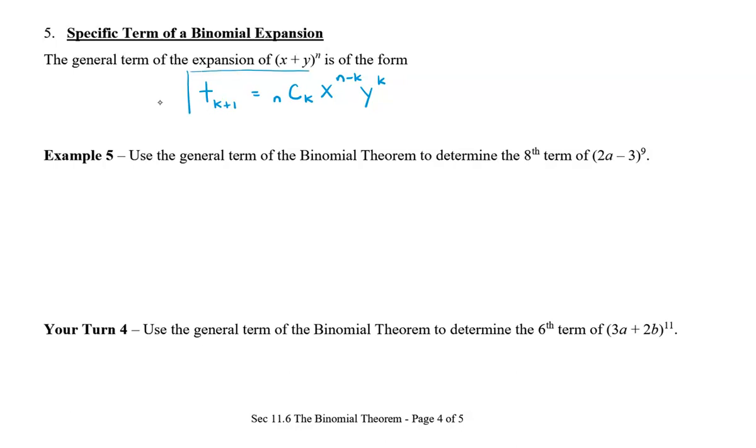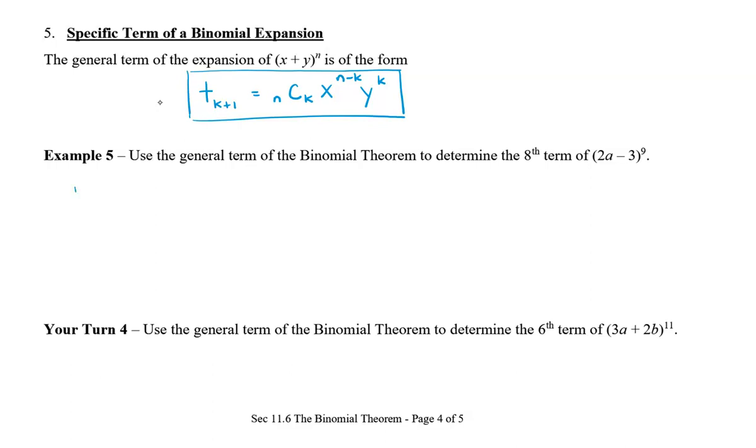I'll put a box around this to show you that this is a very useful formula if I want to find any term. So let's take a look at an example. Use the general term of the binomial theorem to determine the 8th term of (2a minus 3) to the power of 9. This is our general term.